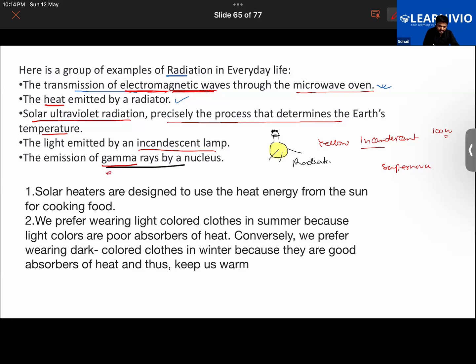In the case of a nuclear explosion, gamma rays are emitted from the nucleus. Let's say this is an atom, inside the atom you have the nucleus. From the nucleus, gamma rays are emitted out, and they consist of lots of heat.